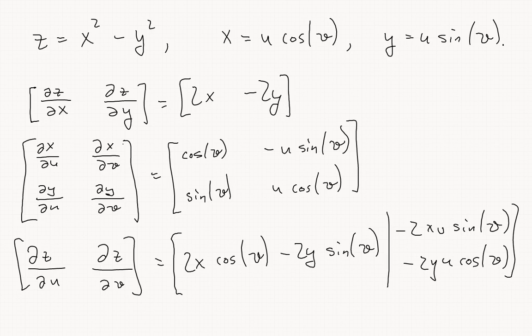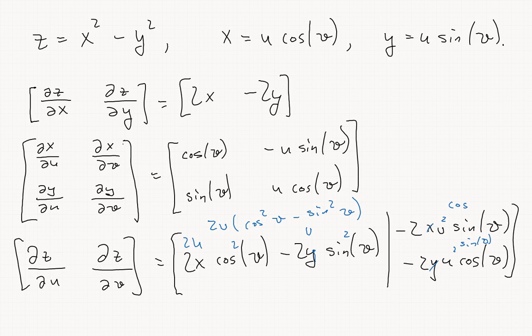And now we substitute in the values, so x is u cos v, y is u sine v, so we'll get 2u cos squared v minus sine squared v, and this one will become u squared cos v, and this will become u squared sine v.